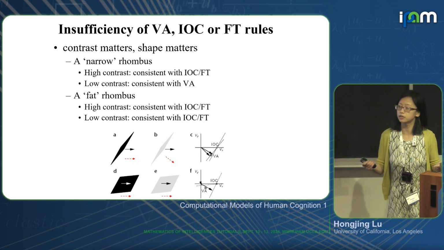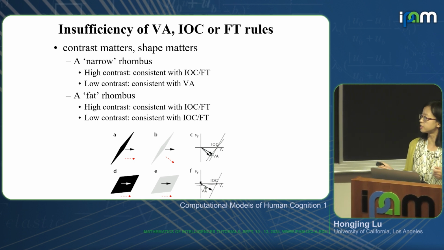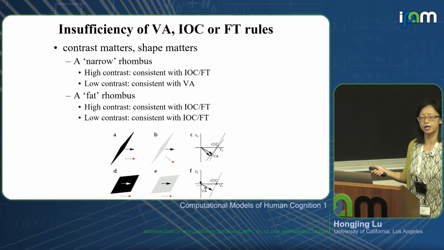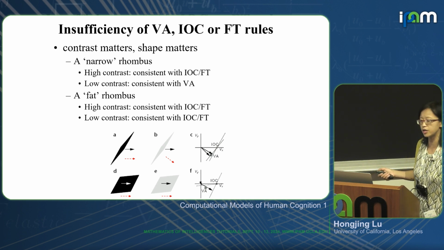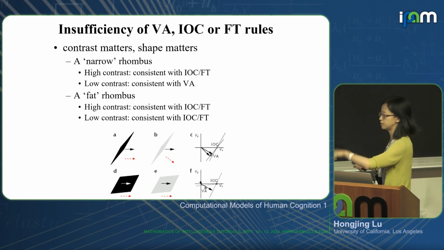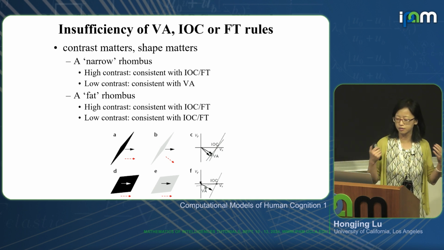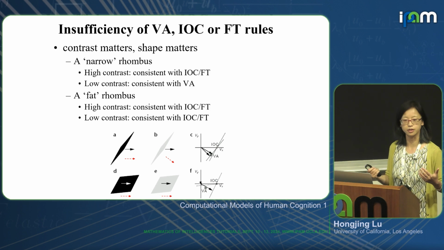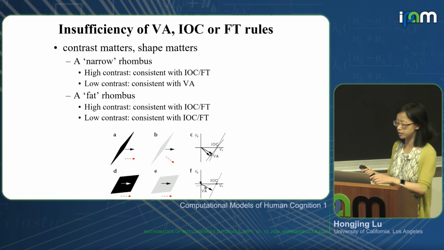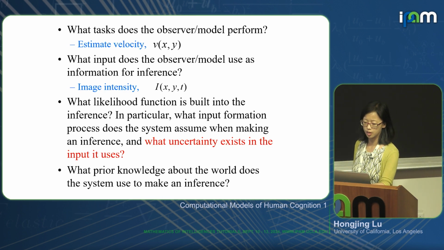People's judgments keep changing. In some situations, they are consistent with this theory, in some situations with other theories, and so on. So we don't have a coherent and parsimonious theory to explain how people integrate the motion information.